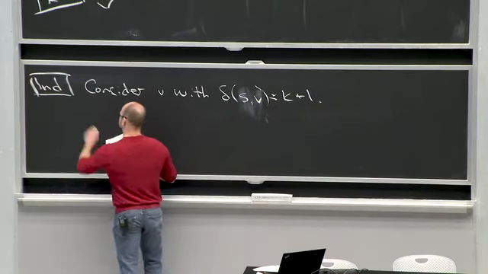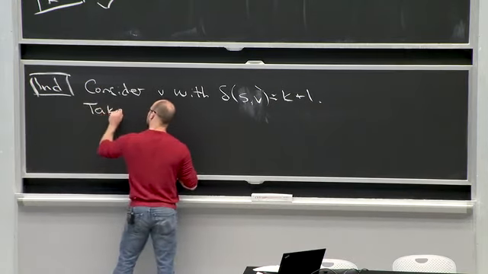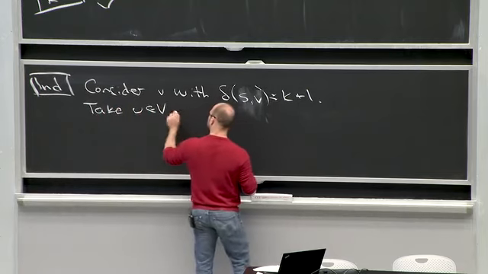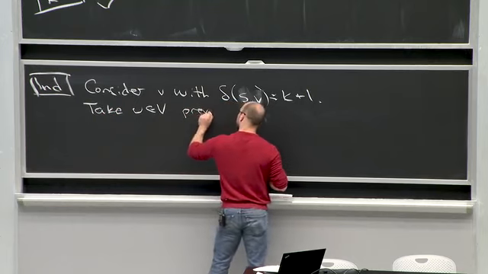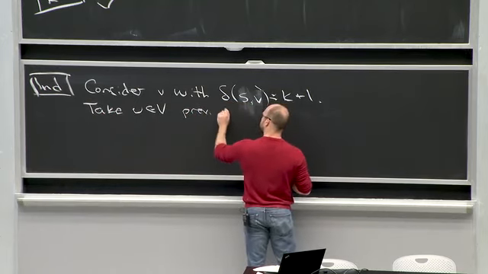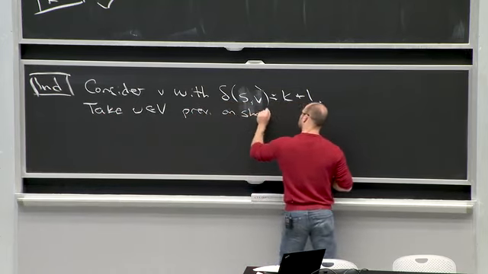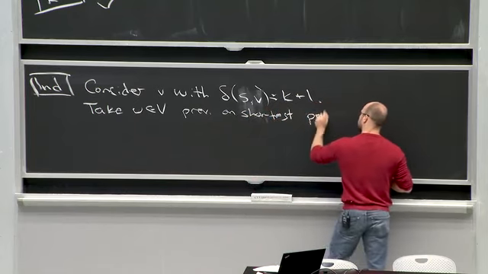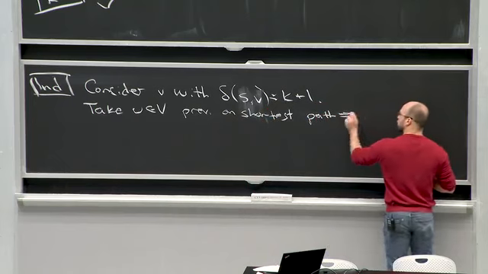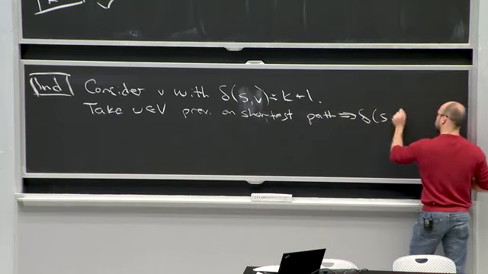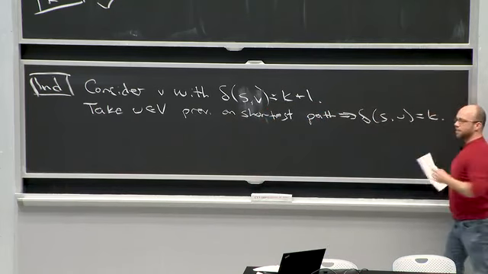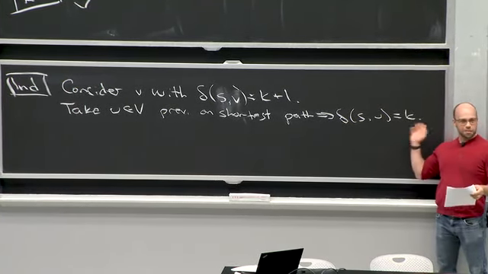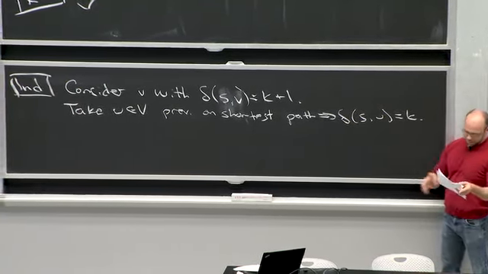So let's take u, which is also a vertex, to be the previous node on the shortest path from S to V. In particular, we know that the distance from S to U is equal to k, and conveniently, by our inductive hypothesis, we know that our property is true for this vertex.